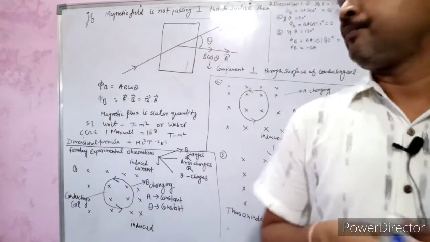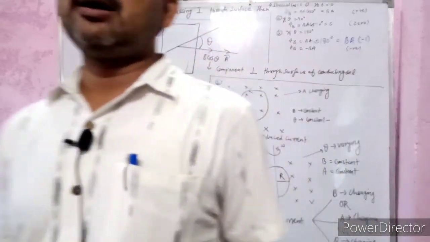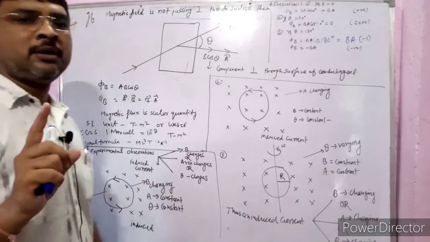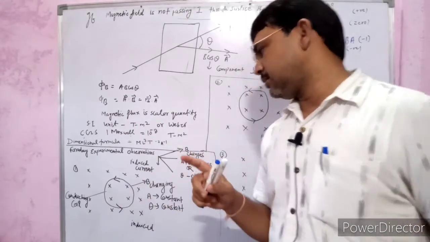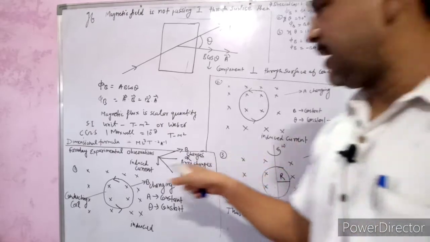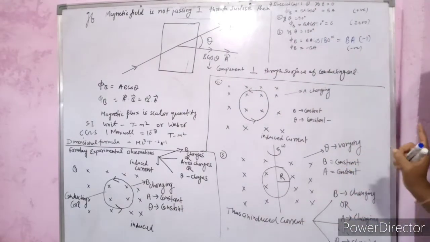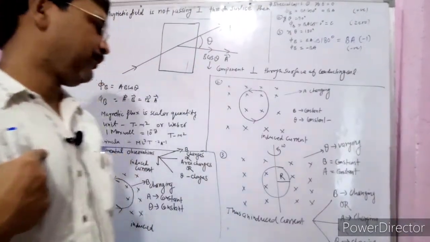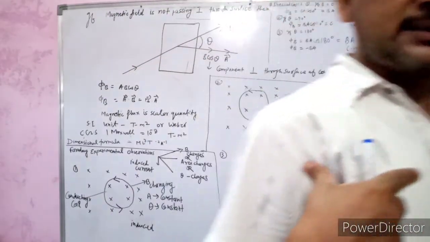We may change the value of the magnetic field, which changes the magnetic flux linked with the coil, or we may change the area enclosed by the conducting coil, which also changes the magnetic flux, or we may change the angle theta, which can also change the magnetic flux. So here we have to discuss three observations.